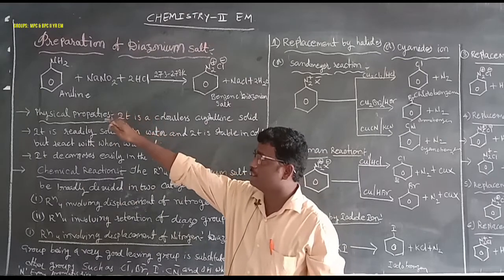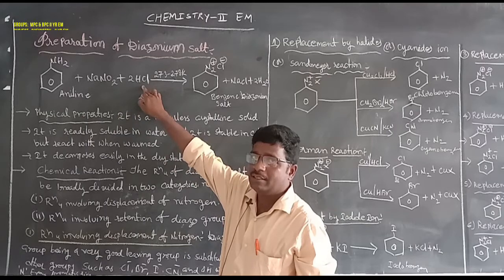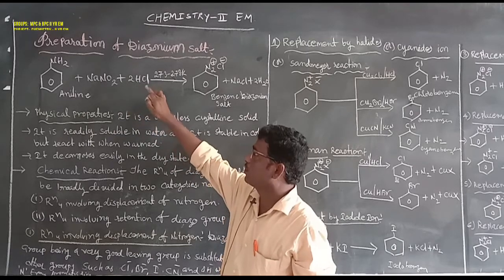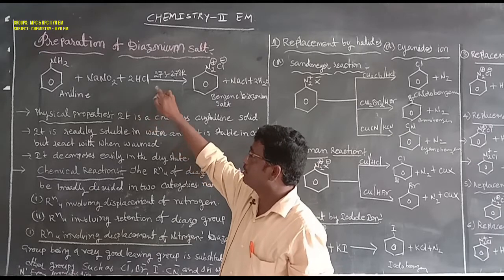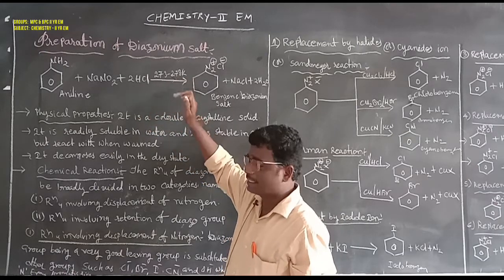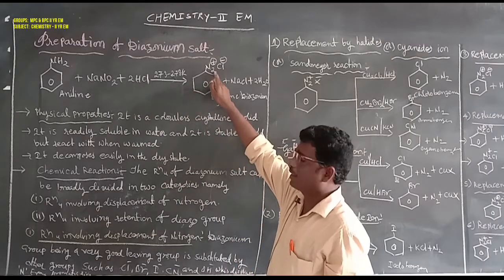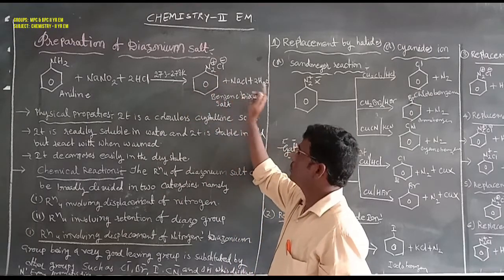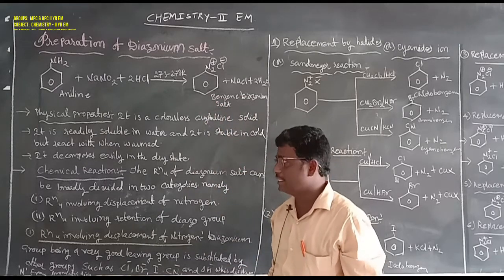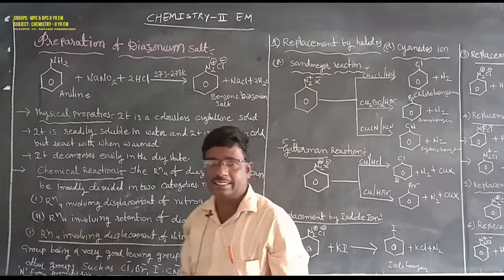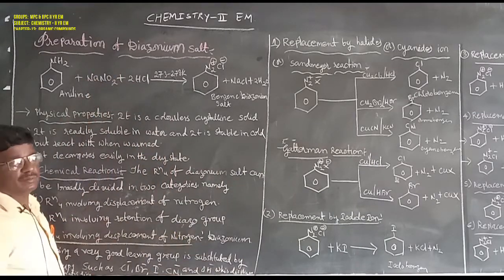Aromatic primary amine or aniline is treated with nitrous acid, the sodium nitrite and hydrochloric acid mixture, at 273 to 278 Kelvin, forming benzene diazonium chloride and NaCl plus 2H2O. This reaction is called diazotization, or preparation of benzene diazonium chloride.